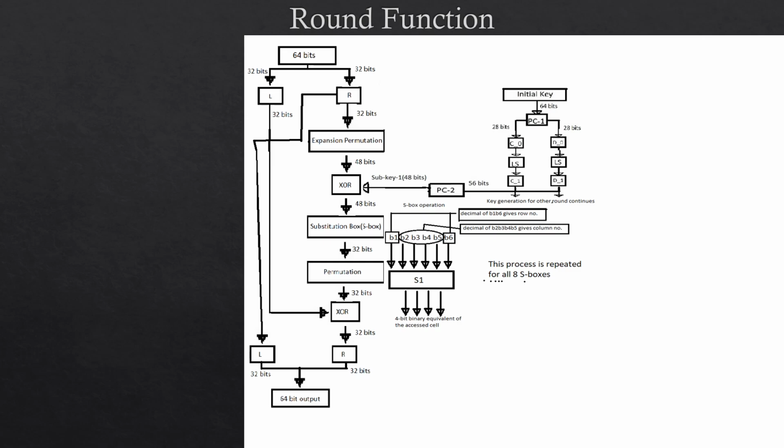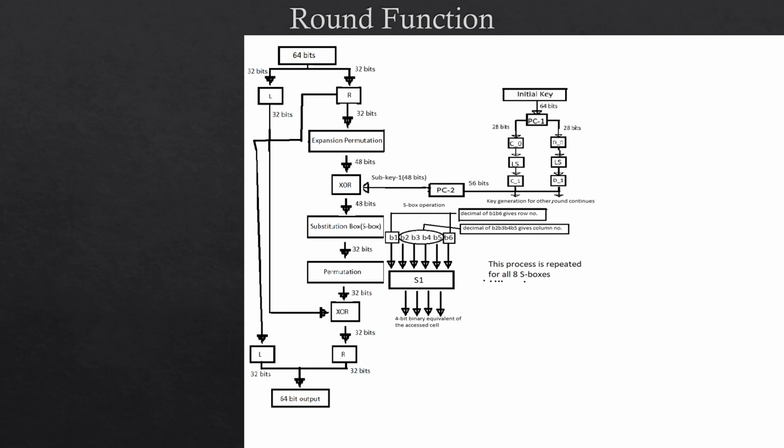This gives us access to one cell of the S box. The number stored at this cell is converted to a 4-bit binary equivalent, which is the output of the S box. So like this, from 8 S boxes we get 4 into 8, that is equal to 32 bits.